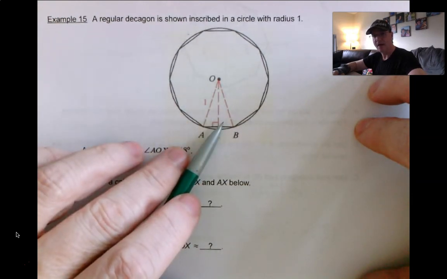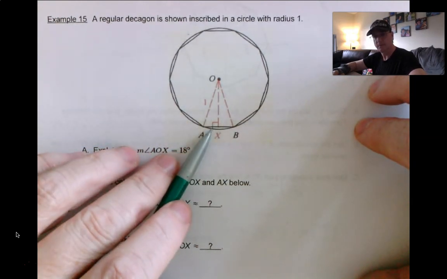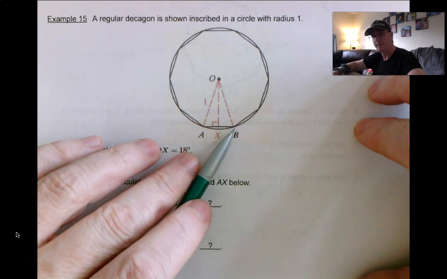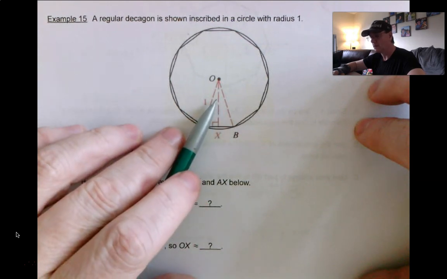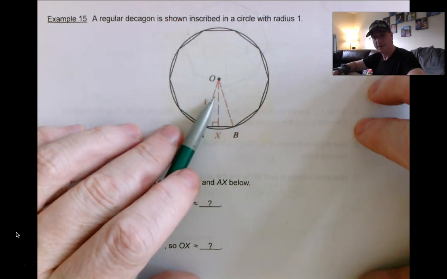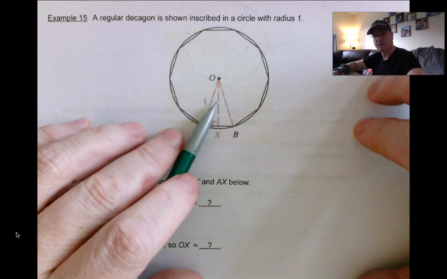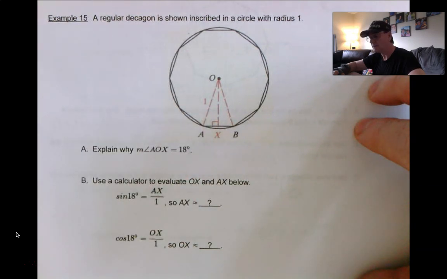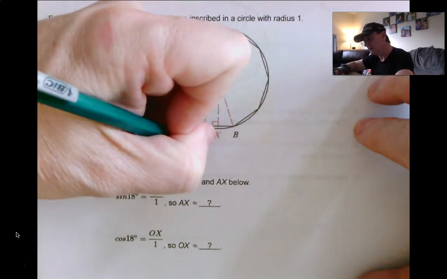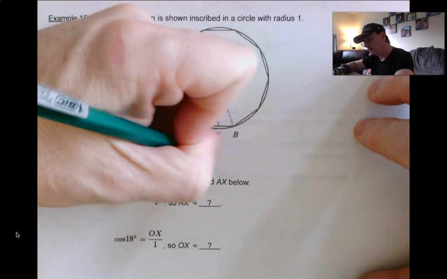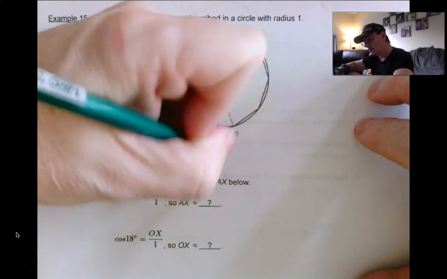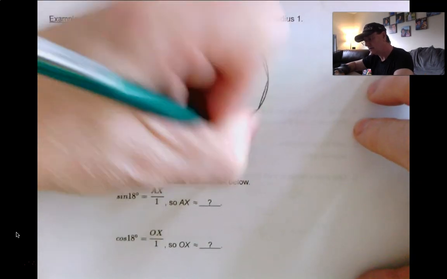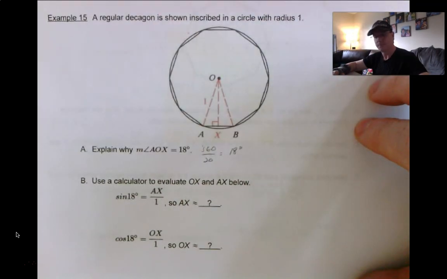AOX is half of one of the central angles AOB. Okay, so there are 20 angles that are the same as angle AOX. So 360 divided by 20 is equal to 18 degrees.